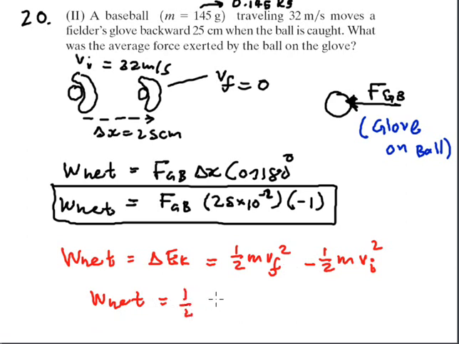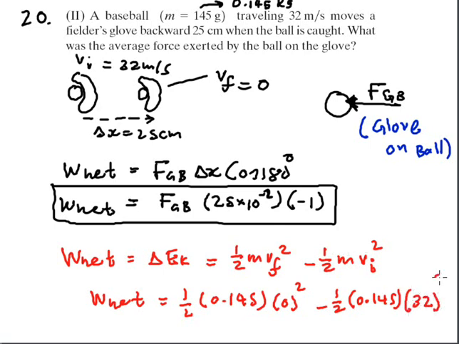Remember, the final velocity is going to be 0, so in fact we could just ignore this altogether. So this is simply half times 0.145 multiplied by 0 squared minus a half times 0.145. Of course, we're using kilograms, we converted the mass to kilograms, multiplied by the initial velocity, which is simply 32 squared.